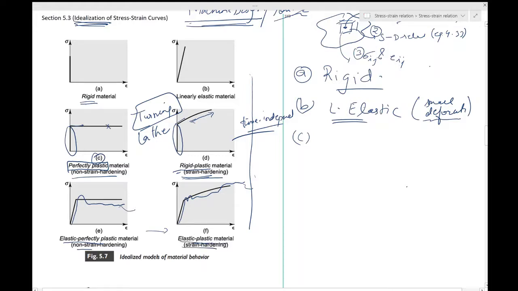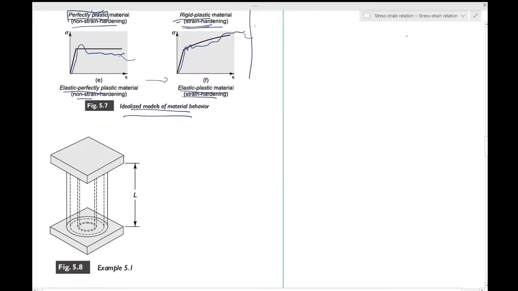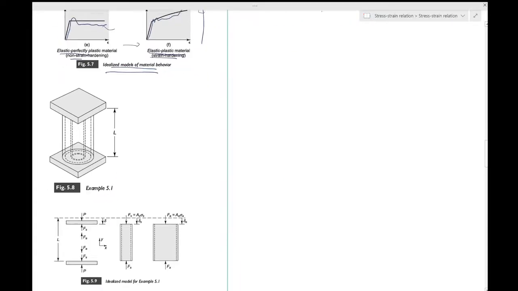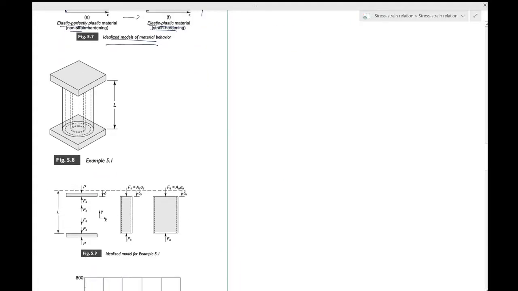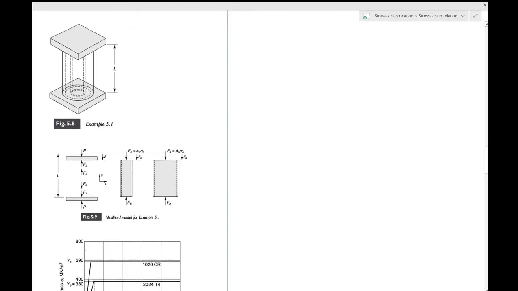Okay, so you will reduce this complication and the mathematical treatment involved by making these idealizations. So that is what we mean. There is no material which is actually elastic plastic. You fit that complicated one into your idealization, and that judgment depends on you as the user of these things. Okay, now let's come to figure, this example 5.1.